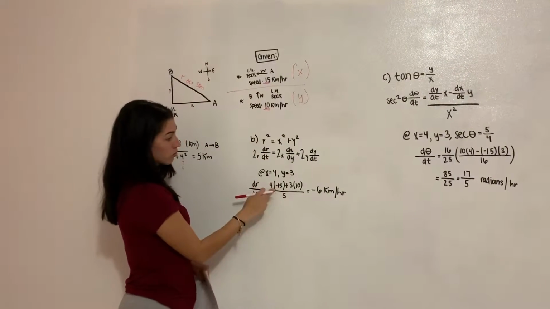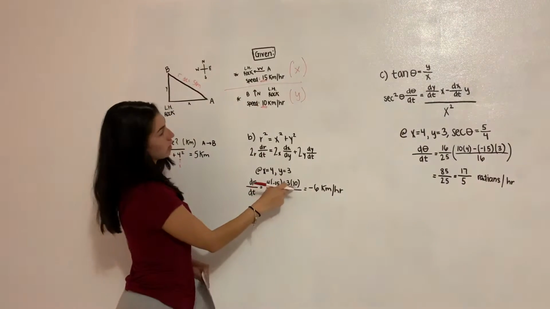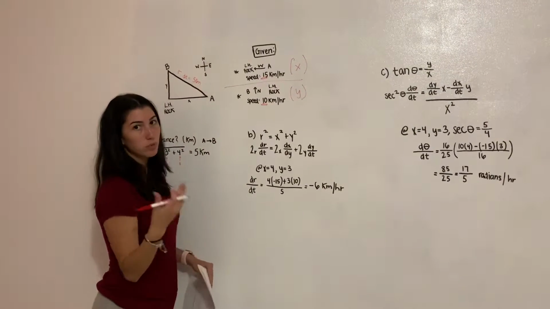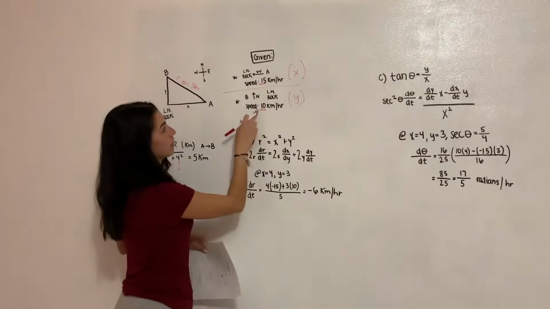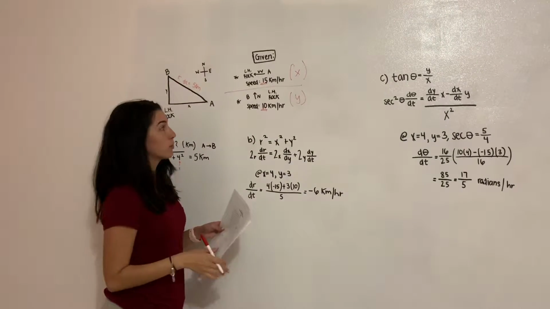X equals 4, so then it's 4 times the negative 15, plus the 3 times 10, 3 because y equals 3, which is given in your problem, and then 10 kilometers per hour, which is the speed of the boat going northbound.